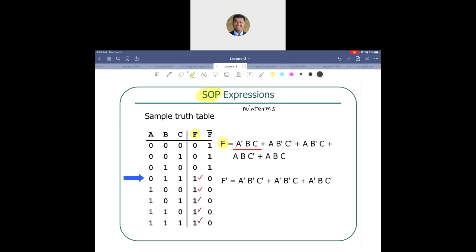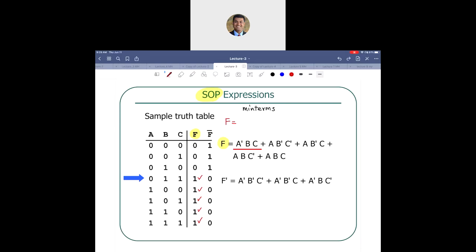I can write f in other forms as well. Let me write f in a slightly different form, in a more compact form. F is the summation of, let me write it this way first.